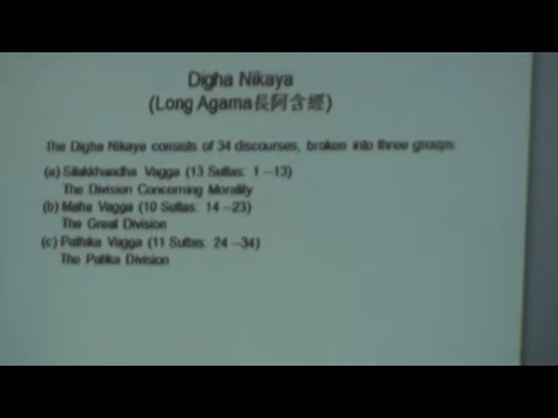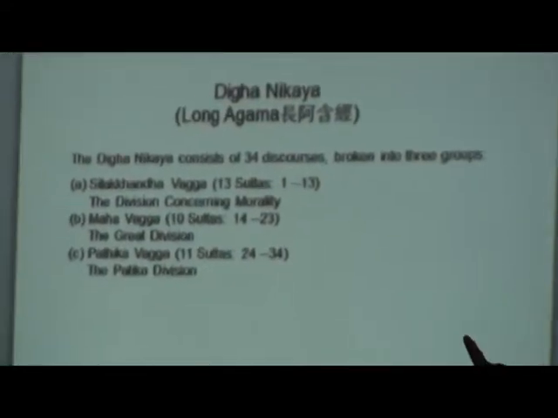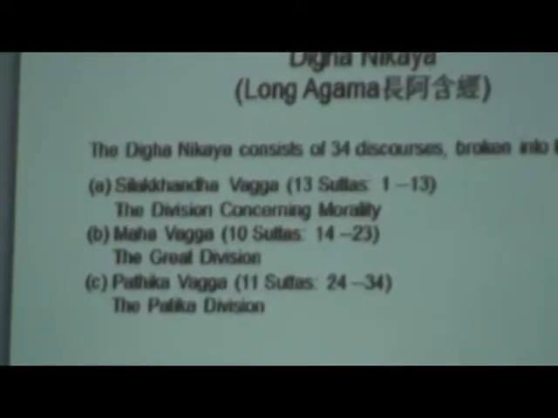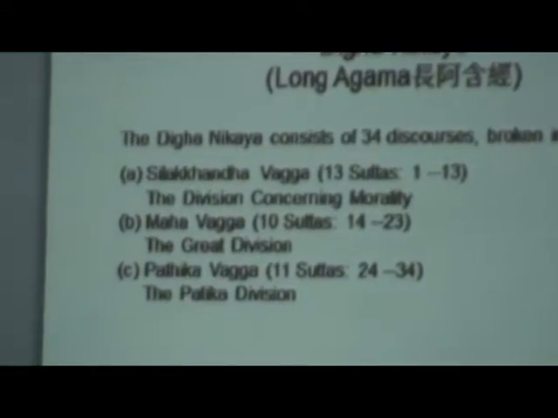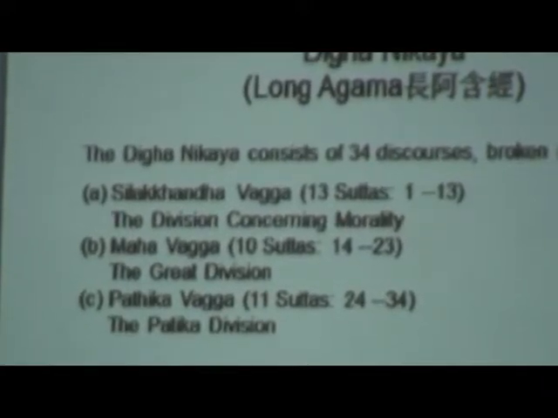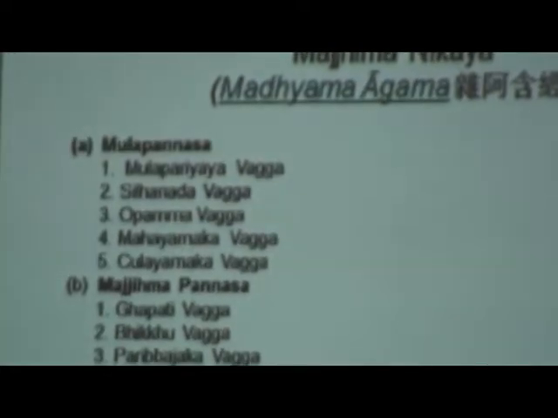Here is the Digha, the long discourses. It consists of three parts. Each part, like the first one, is suttas 1 to 13. Did you receive all these? Mm-hmm. Okay, good. So that's the Majjhima.